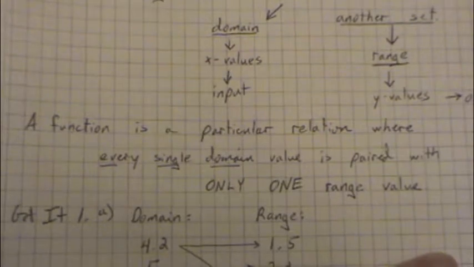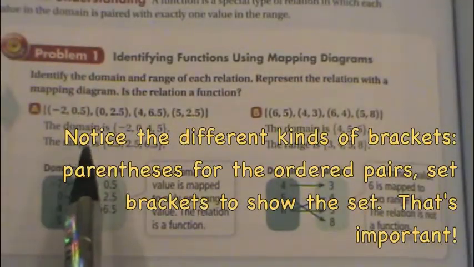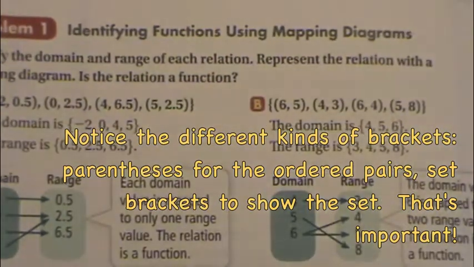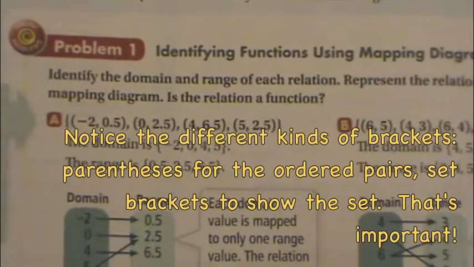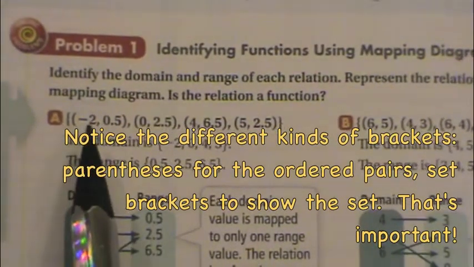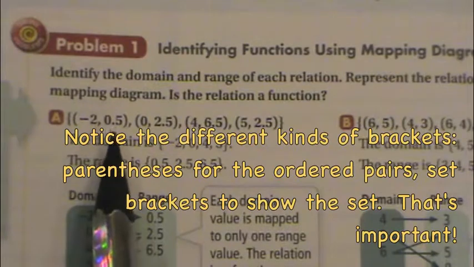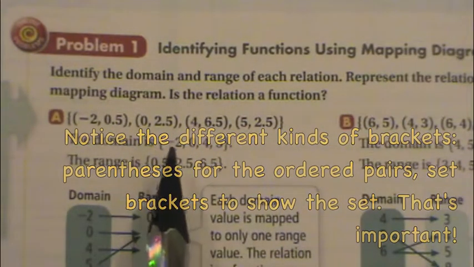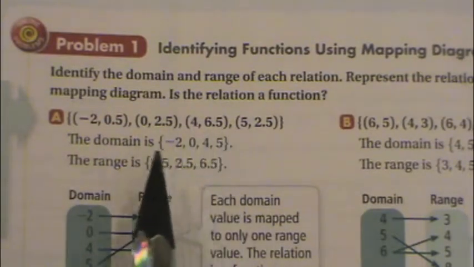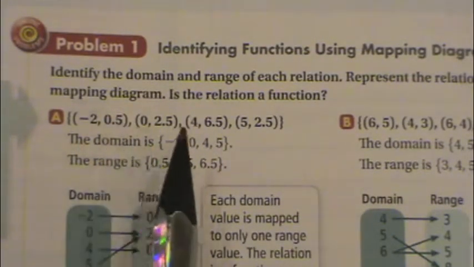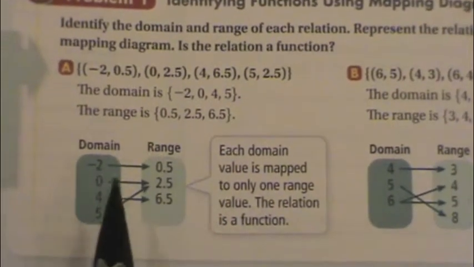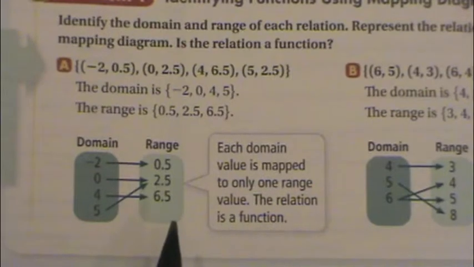Take a look at problem 1 on the bottom of page 268. So they have given you a set of ordered pairs. That's much easier to read. Here's set A. Your pairs are -2 and 0.5, also 0 and 2.5, and so on. They've picked out the x values to give you the domain. They've picked out the y values to give you the range. And then they have created these two columns.